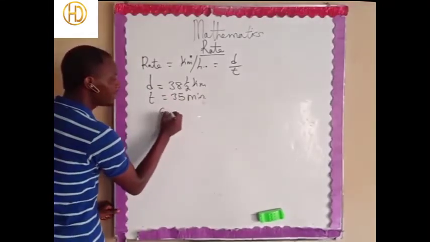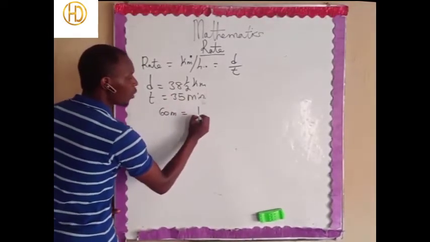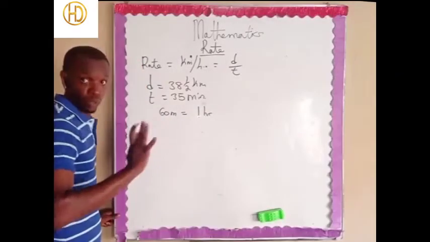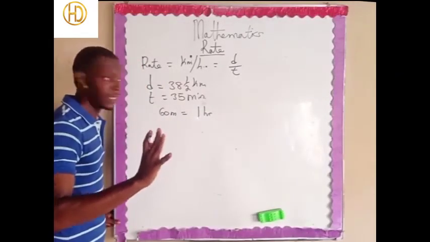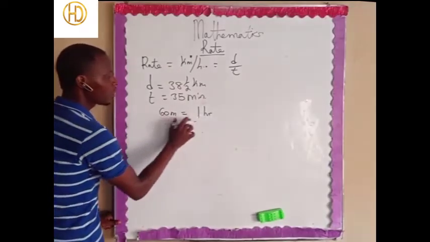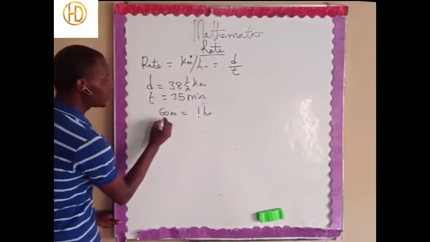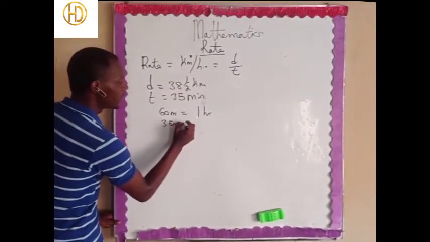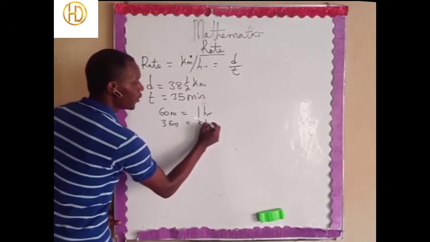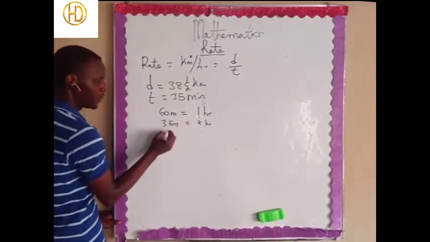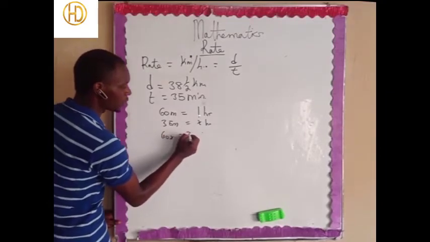Remember, 60 minutes equals 1 hour. This is one of the easiest ways to convert anything. Now we are given 35 minutes equals S hours. We don't know it, so cross multiply: 60S equals 35.